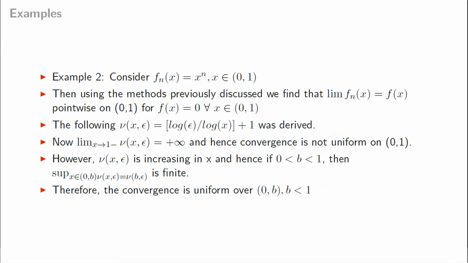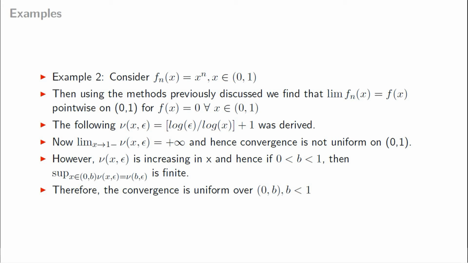Next, consider our old example where the sequence of functions is defined as x to the power n for x belonging to the open interval 0 to 1. Then using the methods previously discussed, we find that the limit of f_n(x) equals f(x) pointwise on 0 to 1, for f(x) equal to 0 for all x belonging to the open interval 0 to 1.